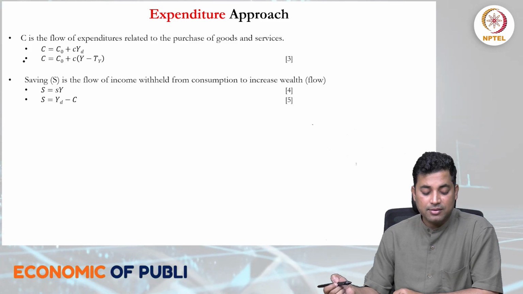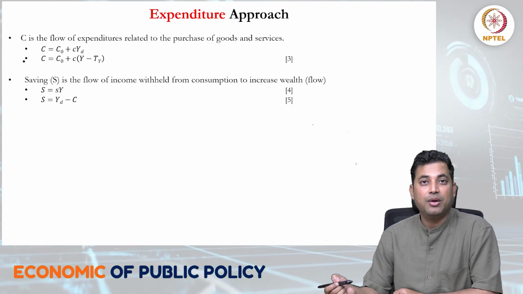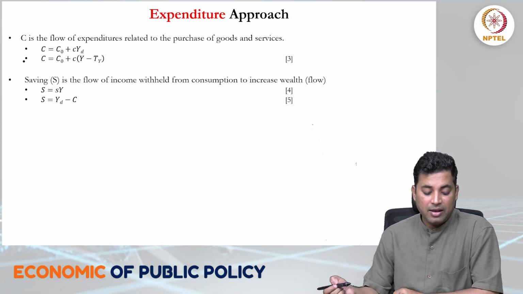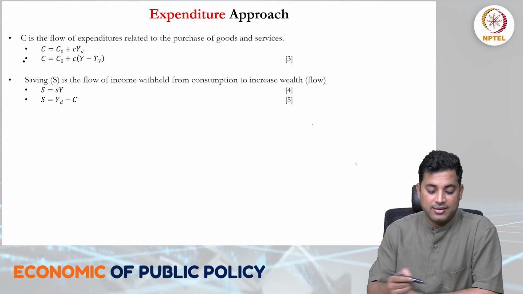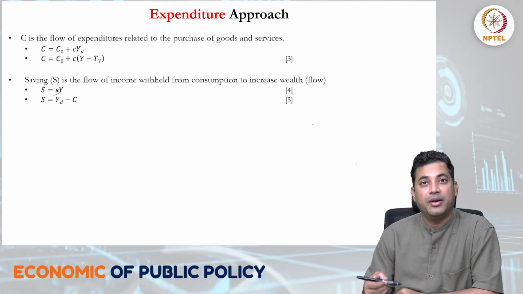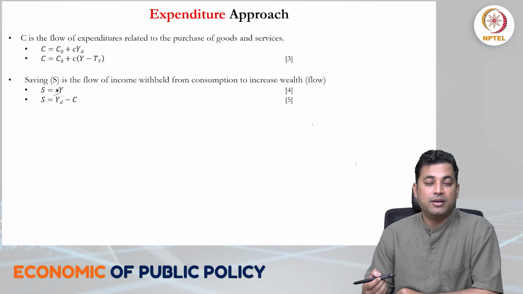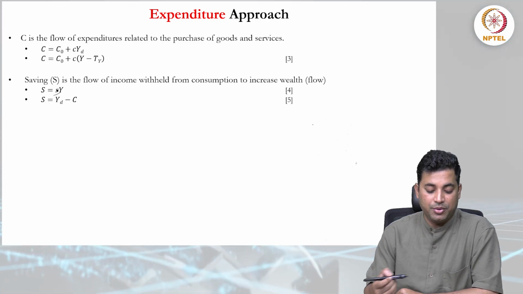So savings is proportionately related to total income, and small s is the saving rate, like at what rate a person or the nation is saving from the total national output.